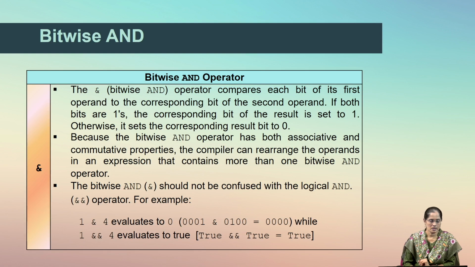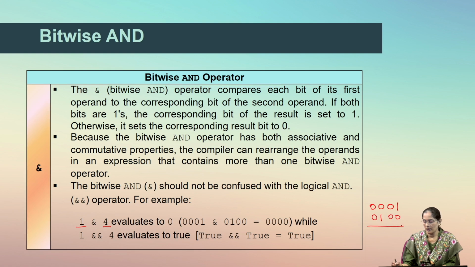Say for instance, the values 1 and 4 are evaluated. Value 1 is represented using the 4-bit binary representation as 0001 for 1 and 0100 for 4.